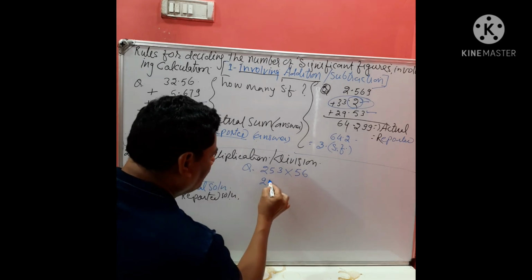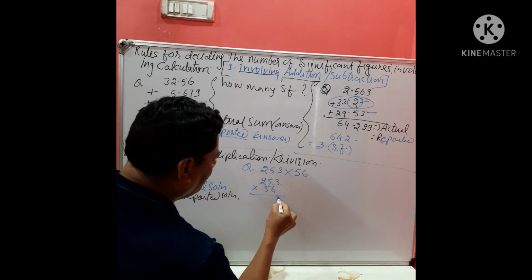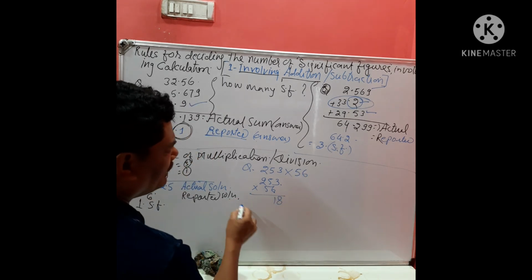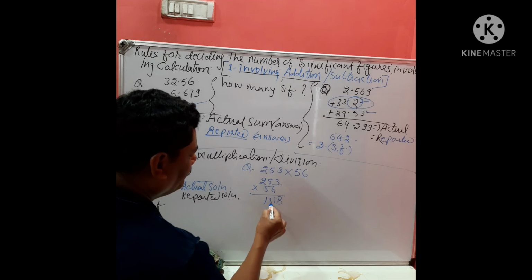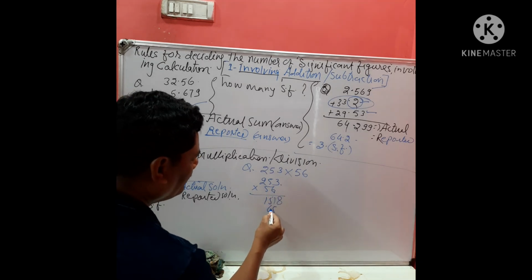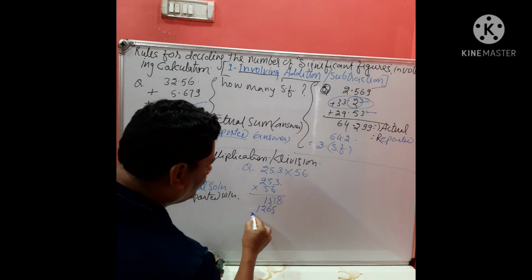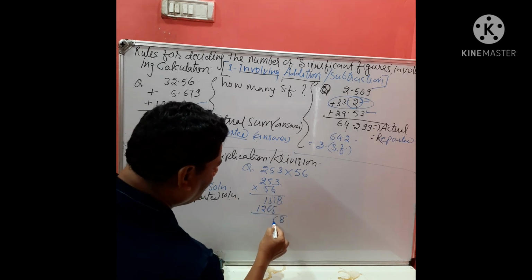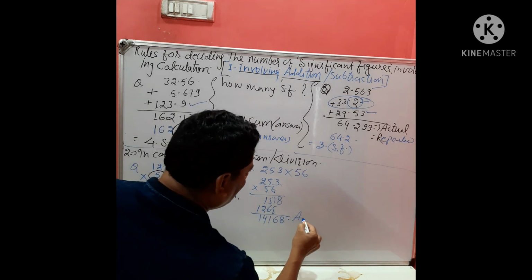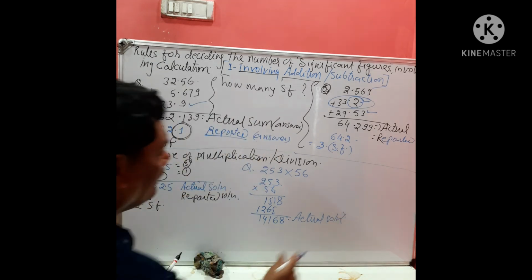Very first solve the question. 253 multiplied by 56. 6 3s are 18, 6 5s are 30, 31, 6 2s are 12 and 3, 15. 5 3s are 15, 5 5s are 25 and 1, 26, 5 2s are 10 and 2, 12. So 8, 1, 5, 6, 5 6 11, 2 2 4 and this is 1. This is called the actual solution. So the actual solution is not considered.